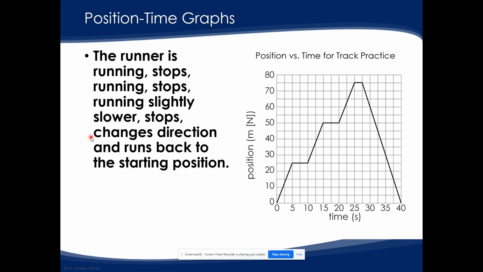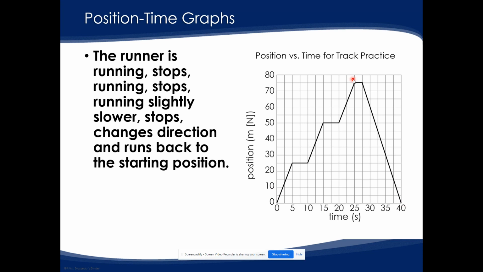So over here, you can see they changed direction and run back to the start. And I can tell that because my position was going farther away, and then it comes back to 0. And my position is based off of where I began. So they either turned around or they were on a track and started kind of heading back towards where they were coming from. Either way, they got closer instead of farther away from their starting point.